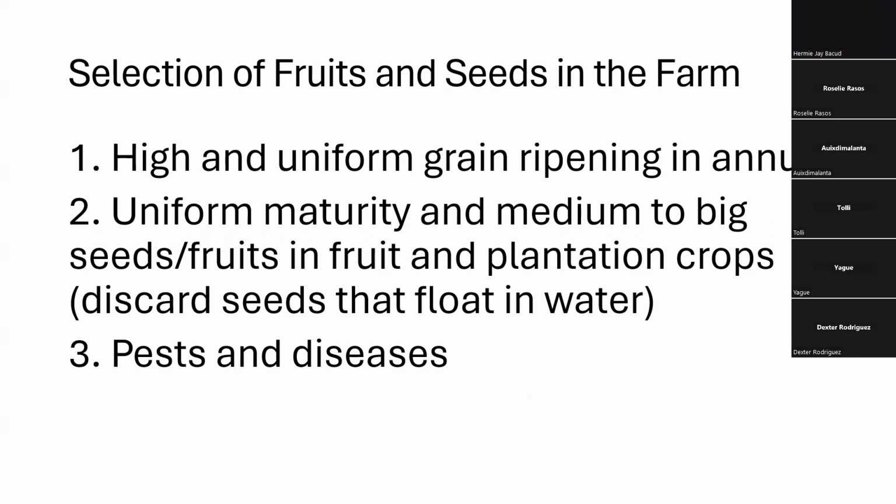Kapag sinabi nating resistance, meaning that the plant has the ability to overcome the effects of the infestation. Kapag sinabi naman nating tolerance, so tolerance meaning that it can withstand the occurrence of such pests and diseases without any impact or decrease in its performance or yield.